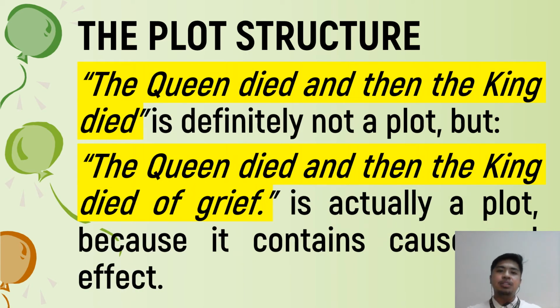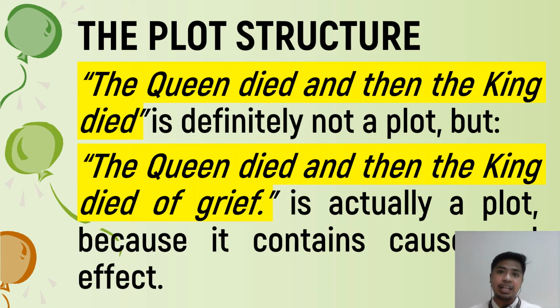For example, the queen died and then the king died. Can you call that a plot? Of course not. But let me fix that. The queen died and then the king died of grief. Now, if we apply cause and effect structure, this second example is considered to be a plot because the queen died, the king suffered from depression or grief.